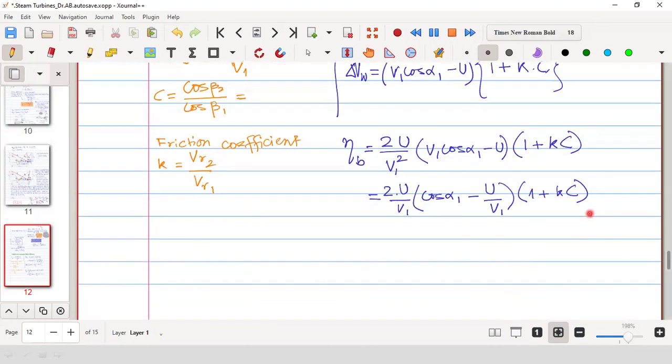Therefore, it becomes 2 rho cos alpha 1 minus rho, 1 plus Kc.